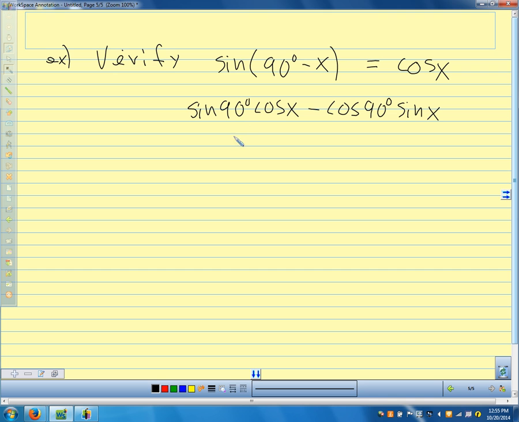Sine of 90 degrees is 1, times the cosine of x, minus the cosine of 90 degrees, 0, times the sine of x, and we get cosine of x. So this one asks us to verify it. This is how we show that it's true. We kind of already know, but this just shows how we can use these formulas to get to the same place.